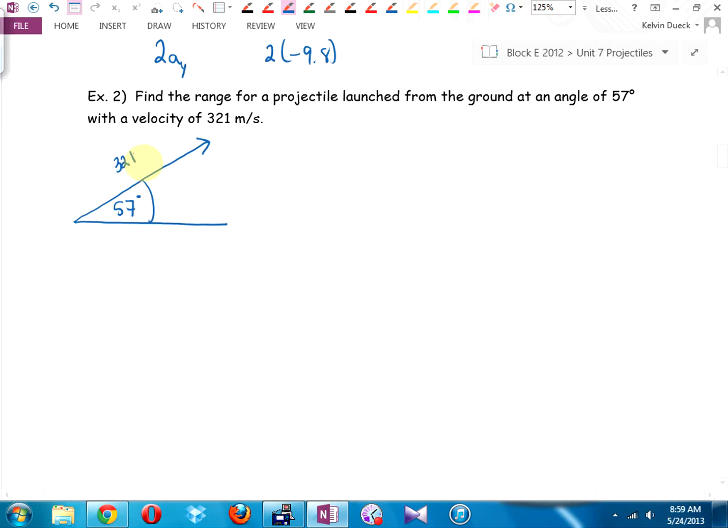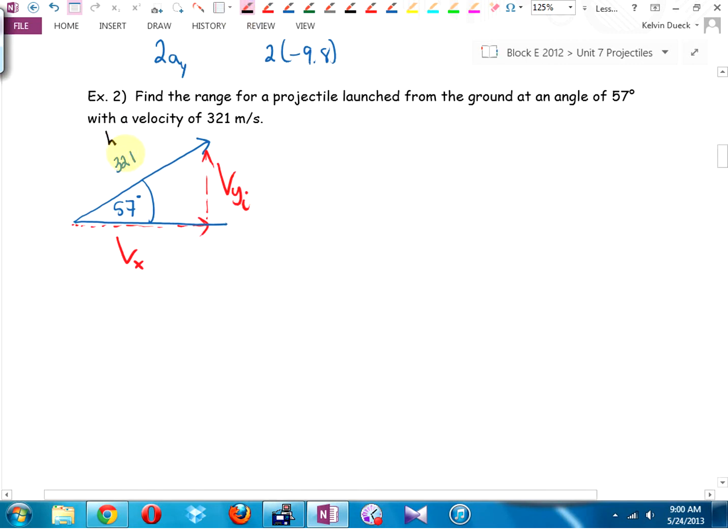Now what? Components. Vx, Vy initial. You know what? I think I'll do the components just off to the right of my picture since I have room there.